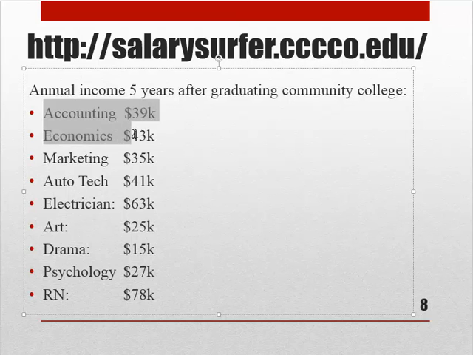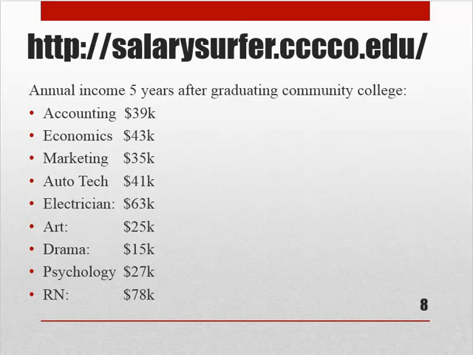And you notice that even within the field of business, the more you work with numbers, the higher the income that we see here. Marketing is probably less number intensive than accounting. And in accounting, you're definitely working with numbers, but as far as actual math, it might be that economics is a little bit more mathy than accounting even.